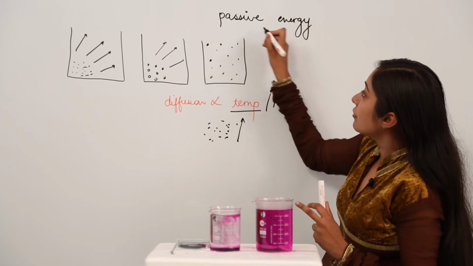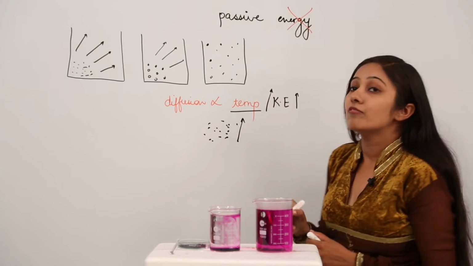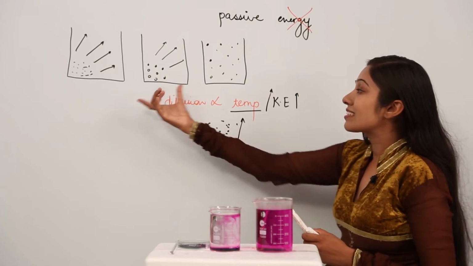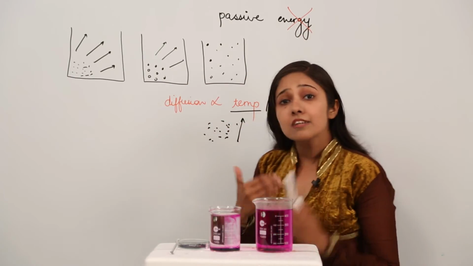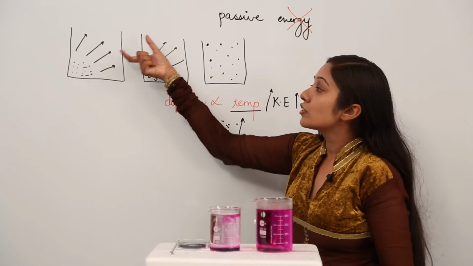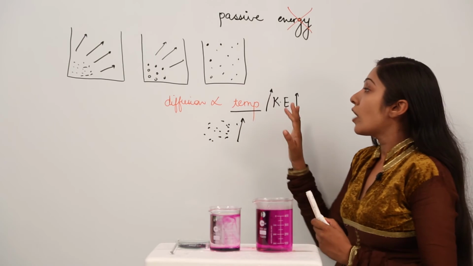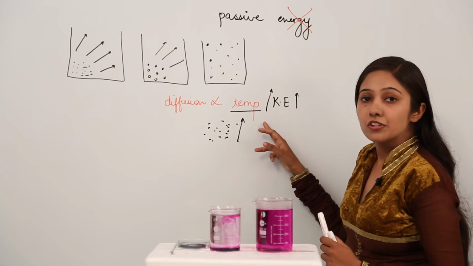No. A passive process is a process in which there is no energy involvement. So this diffusion process does not need any energy. It is just the random movement of molecules from the region of higher concentration to the region of lower concentration.